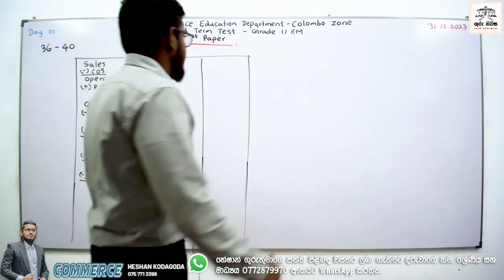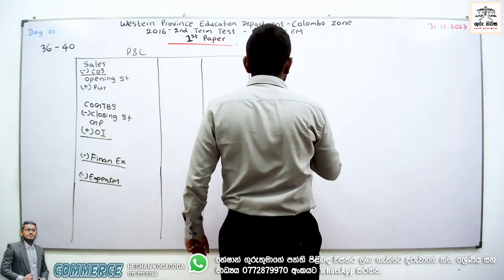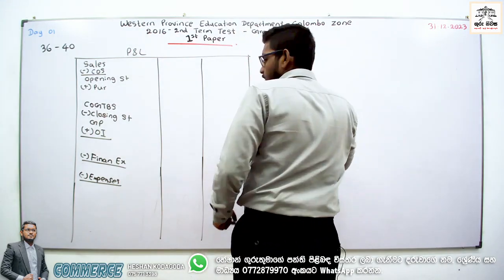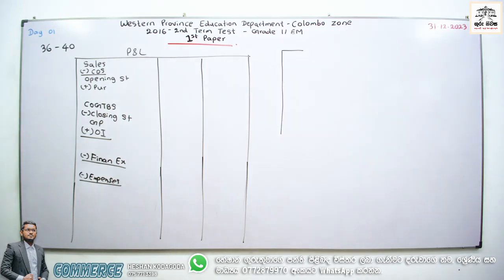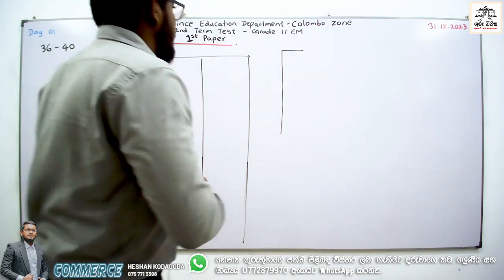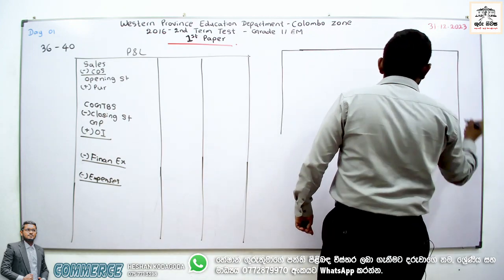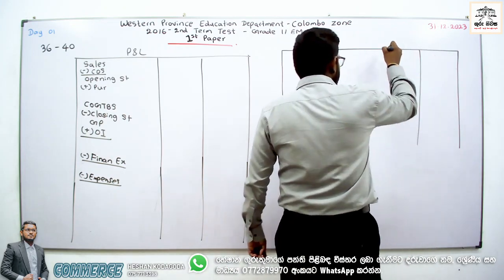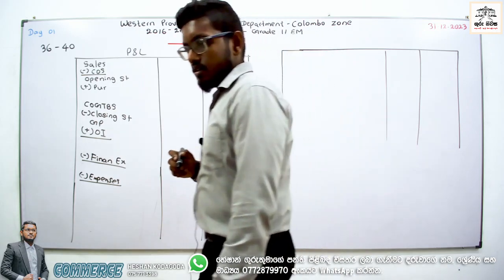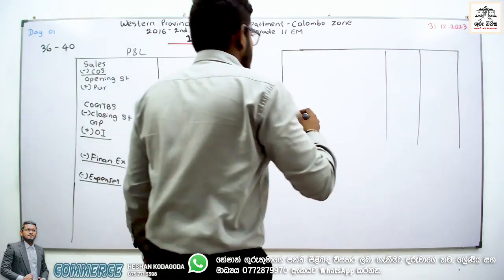In the SOFP, they are only asking about the net value of debtors and the total value of assets. We need to know whether there is depreciation. There is no depreciation, so no need to draw cost, accumulated depreciation and net value. Just draw the default form, two columns is enough.